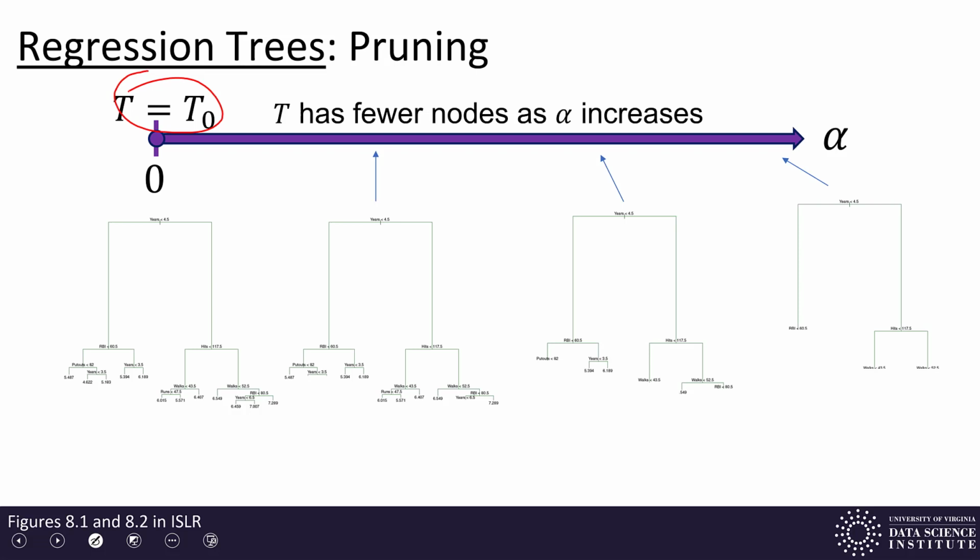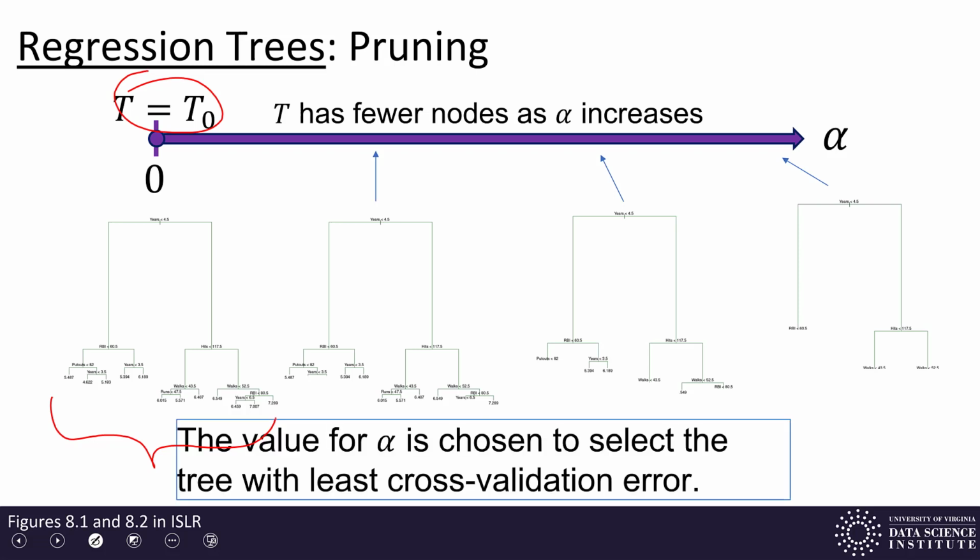So the way pruning works, you build your full tree, and then by this construction, we get a smaller and smaller tree as you increase alpha, and then you pick alpha according to some form of cross-validation on a training set to get your cross-validation error, and that allows you to pick the tree that's going to give you the best performance and reduces your overtraining.